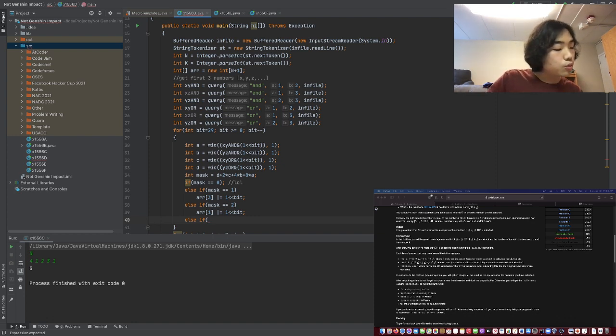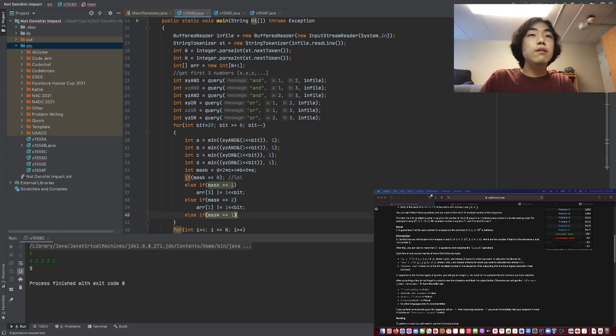Mask equal to, here maybe, if it's like 1, 0, 1, 1, what is that? That's 11, 15 minus 4 is 11. So if mask is equal to 11, then we know that array of 1 and array of 2 have this bit.